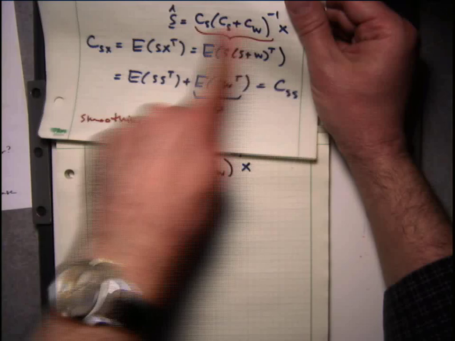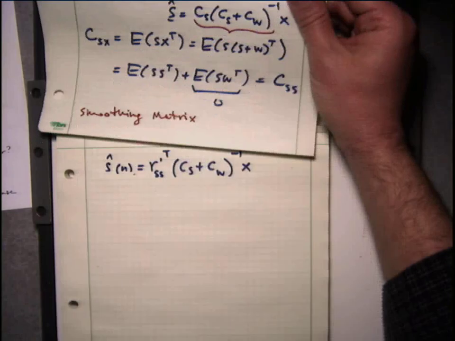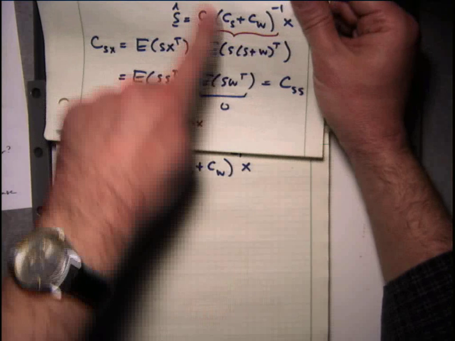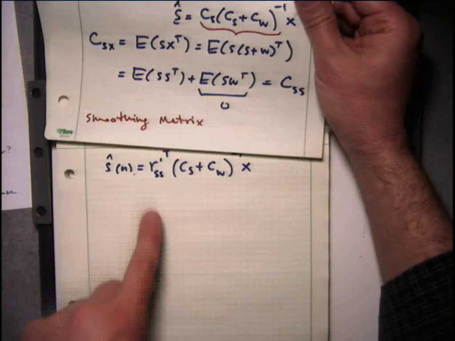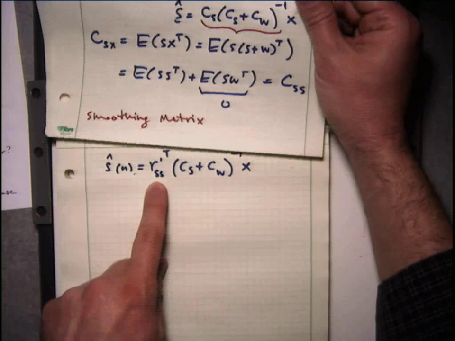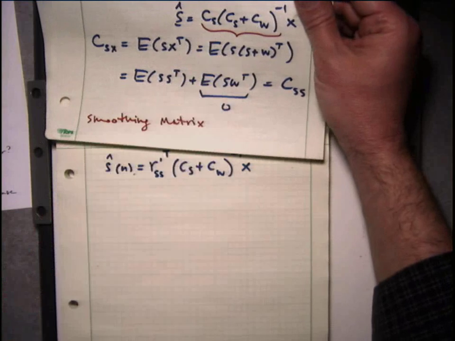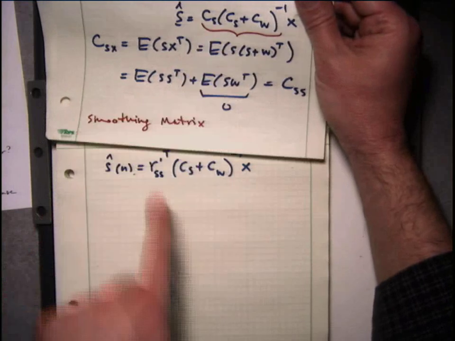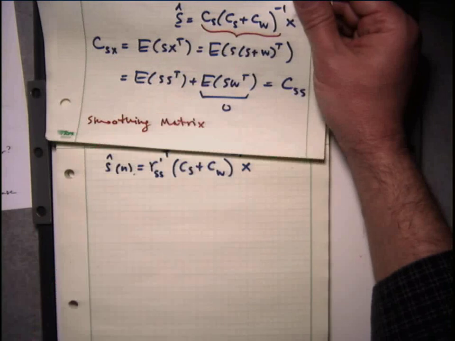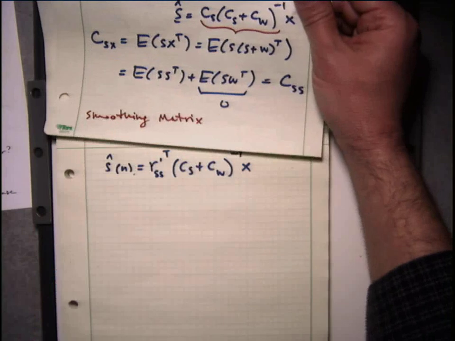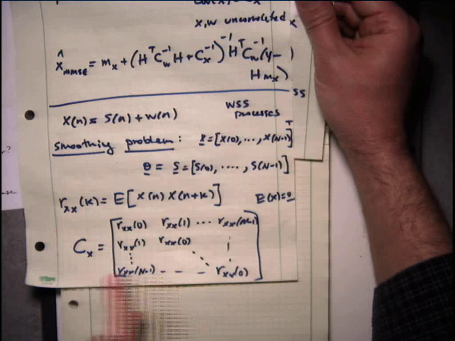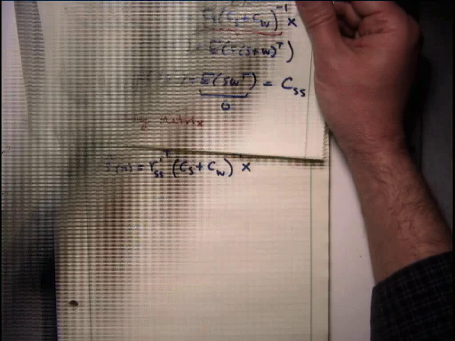The only thing that's different is that this is just one row, and before it was all the rows of the matrix. In fact, this is the last row of that matrix, just like I showed you.